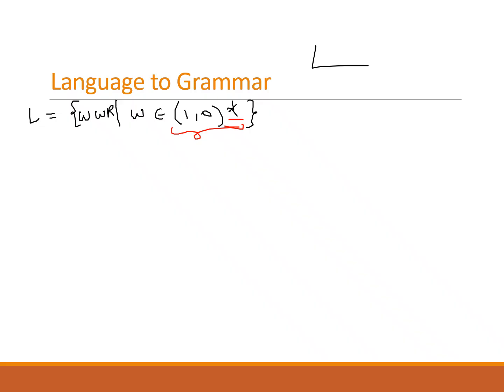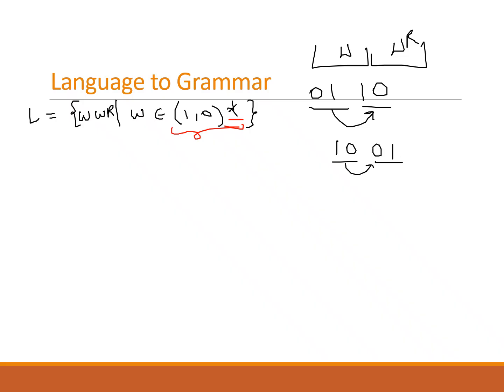So if I write W, it should be followed by W^R. So if I write something like 0, 1, this W should be followed by its reverse. So I'm not talking about complement, it is just reversing this. So if I had 1 0, this reverse would become 0 1.